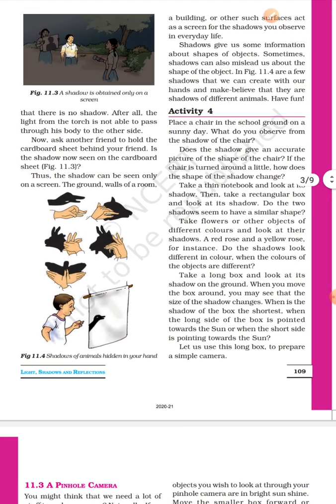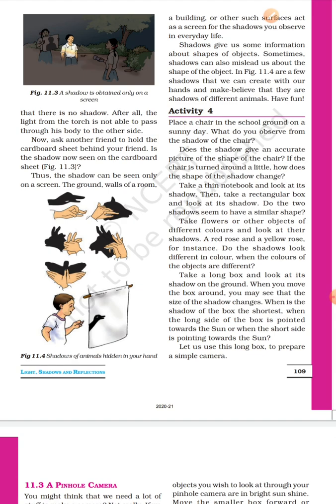Let me tell you something related to it: the angle between the source and the opaque object is also very important for the size. If we change the angle, then we get a different size of shadow. The distance of that opaque object from the screen is also very important. If the distance is more, then what happens? If the distance is less compared to the previous case, then what is the length of that shadow?